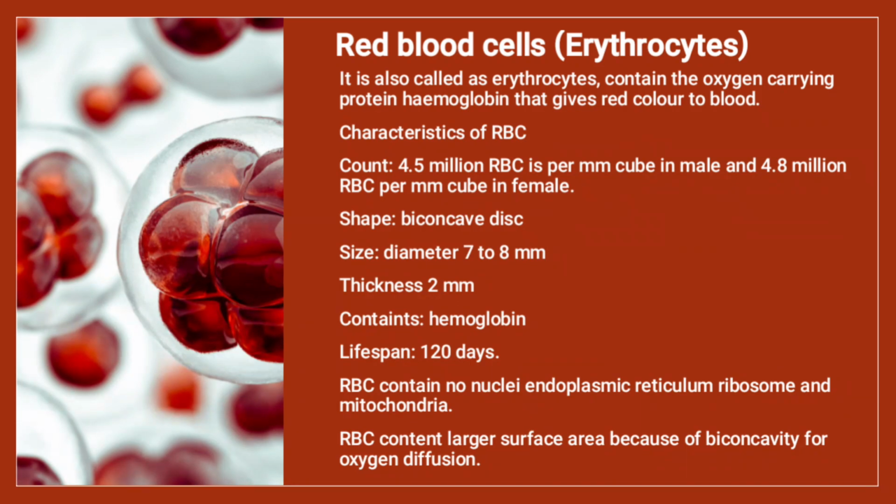Its shape is a biconcave disc, size is 7 to 8 micrometers in diameter, thickness 2 micrometers. It contains hemoglobin, lifespan is 120 days. RBCs contain no nuclei, endoplasmic reticulum, ribosomes and mitochondria. RBCs have a larger surface area because of biconcavity for oxygen diffusion.